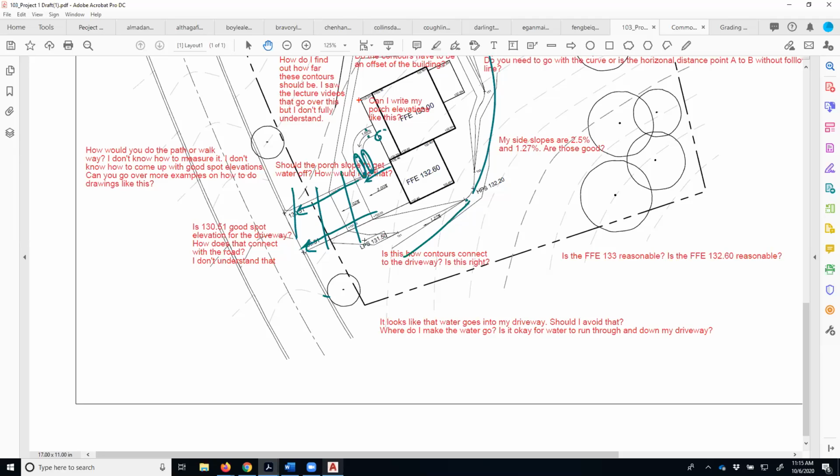Is it okay for water to run down my driveway? It is in the case of this project. Be aware, in many jurisdictions, in many different towns, there we go, another example, I'm using two different words for the same thing, jurisdiction and town, it is illegal to have water run from your driveway onto the street.